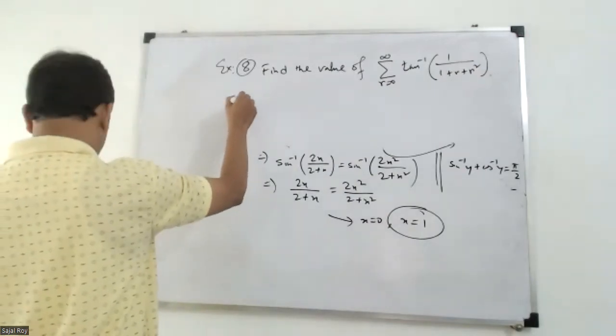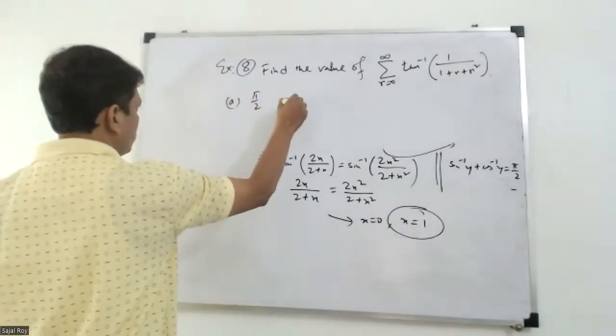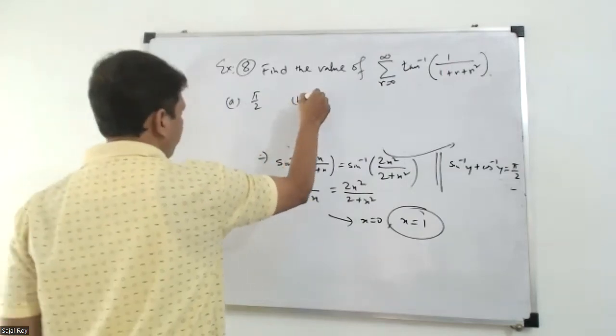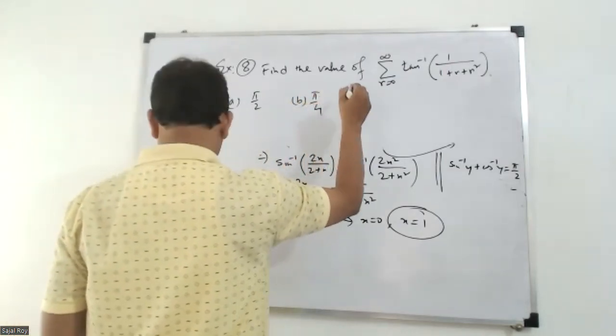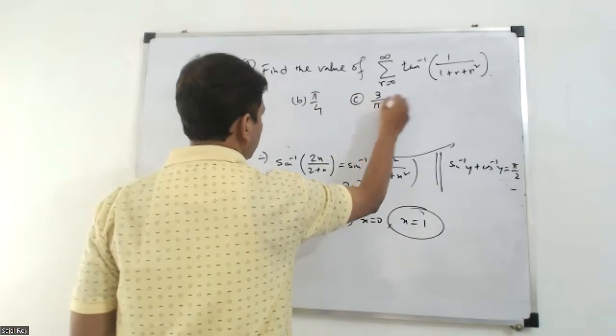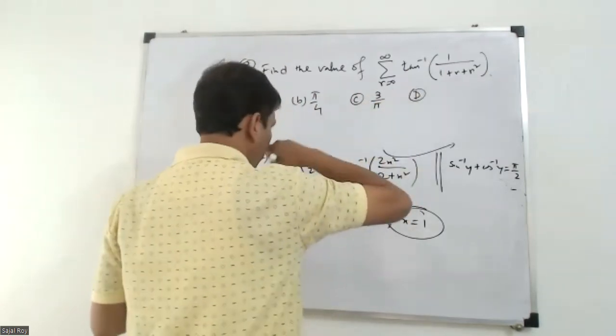Your options are pi by 2, pi by 4, 3 by pi, none of this.